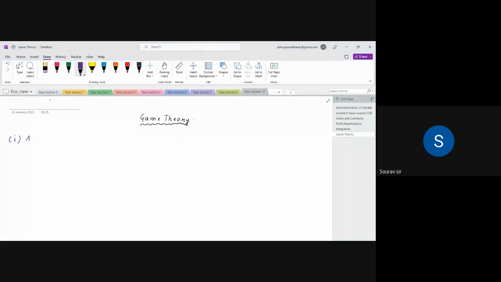A game consists of three parts or three components, so to say. Number one is the players. Number two is their strategy. And number three is the payoffs.